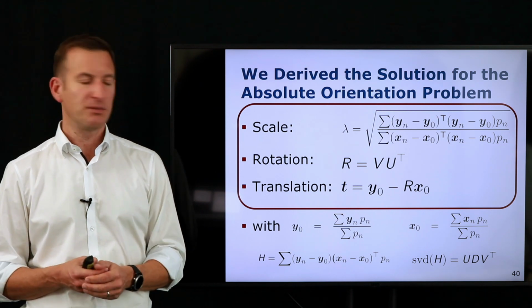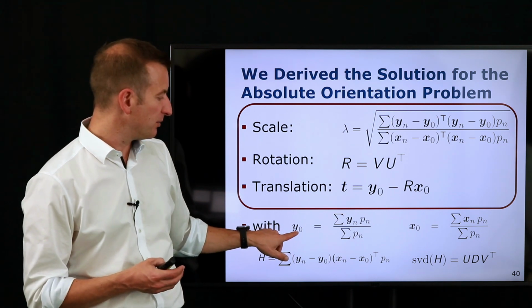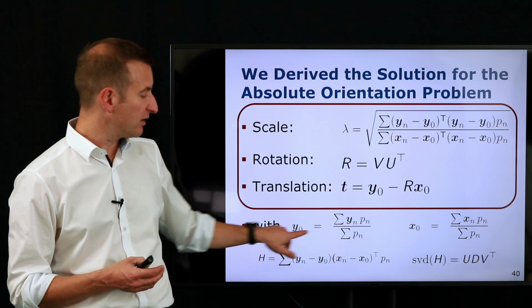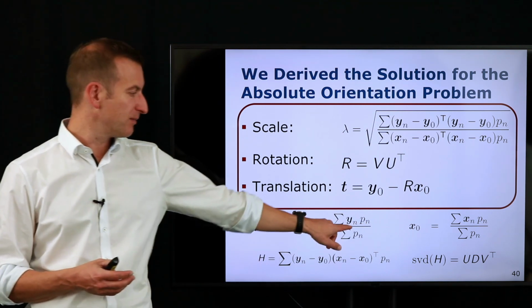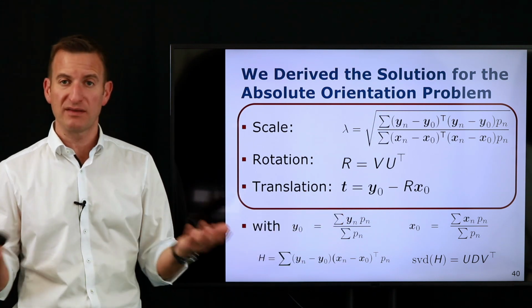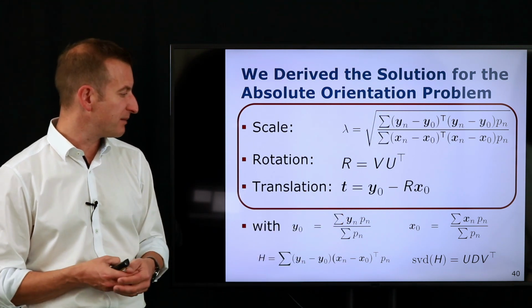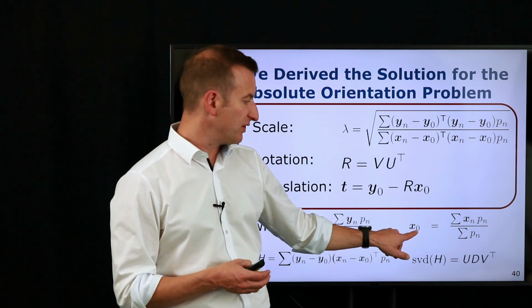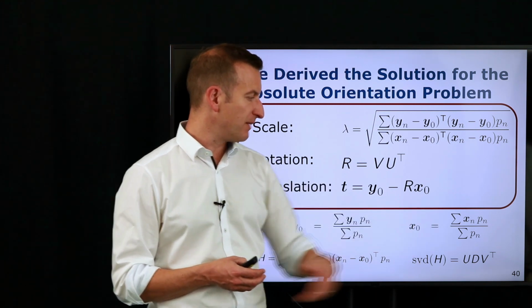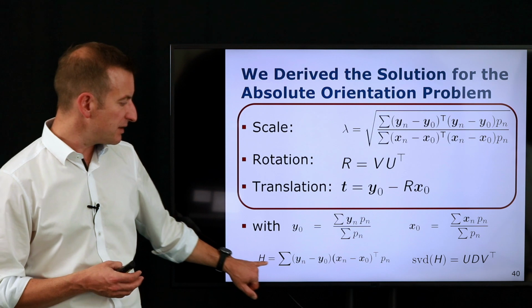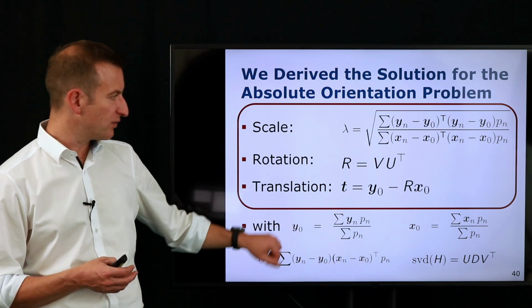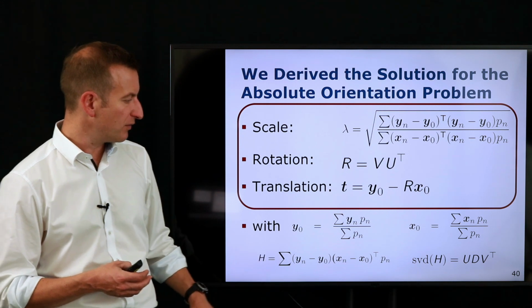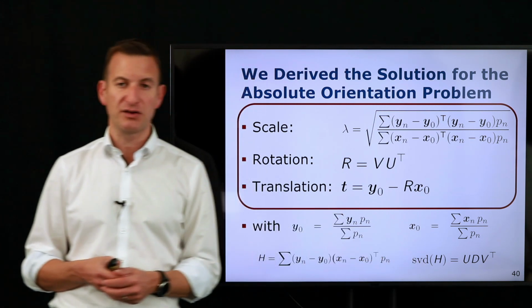And all the terms I need to compute on the way are, first, the mean over my point set yn given my weights. If I don't have weights, they all will have weight 1 divided by n. Then the same for x0, so the mean of my input point set. Then I need to compute the cross-covariance matrix by using the mean-reduced coordinates of the points, and then I need to compute the singular value decomposition.